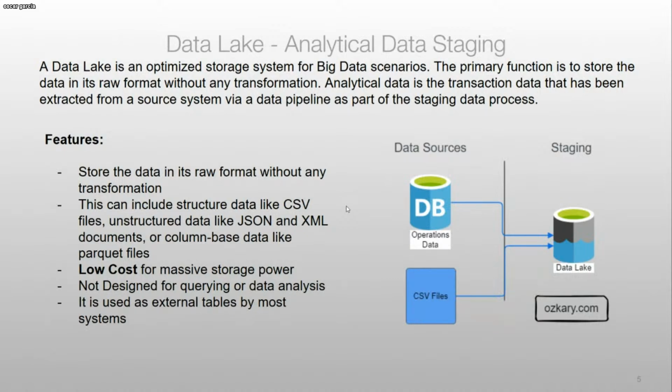In a nutshell, a data lake is an optimized storage system for big data scenarios. But that fancy title really just means the ability to store large amounts of data in raw format without any transformation. So usually what happens is, for example, with a NoSQL database, we have large JSON documents, right?